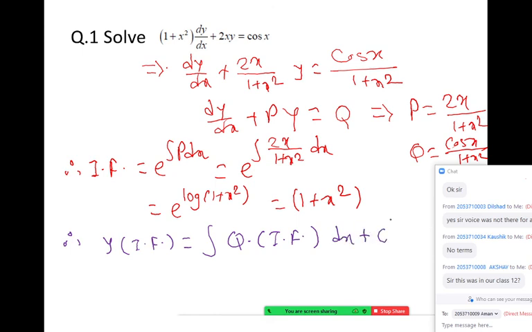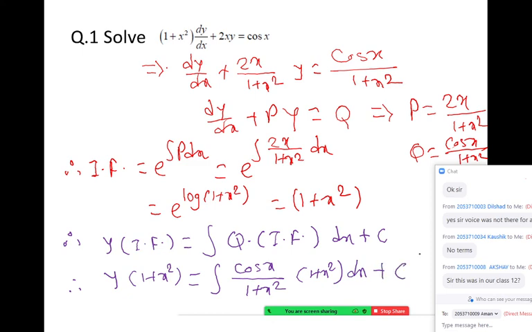Now we have to replace these values. So y into 1 plus x square is equal to integration of Q, which is cos x upon 1 plus x square, into the integrating factor, which is also 1 plus x square.